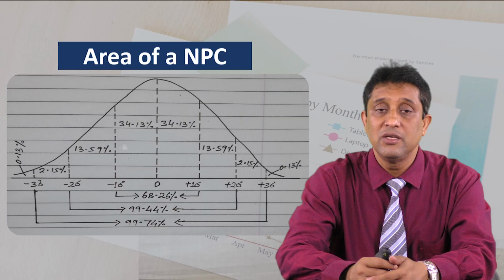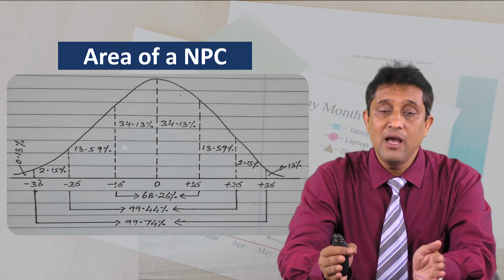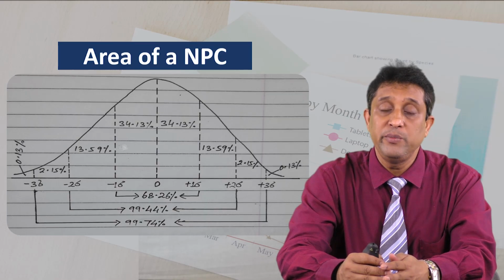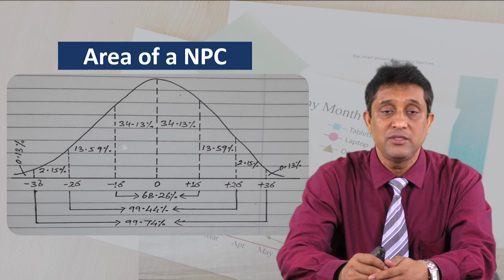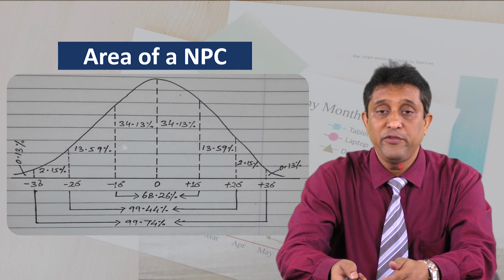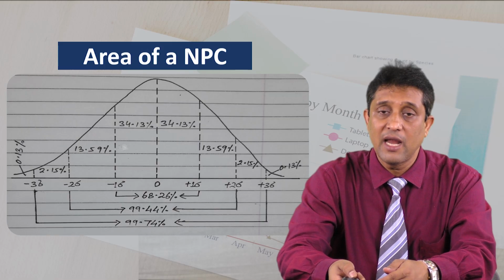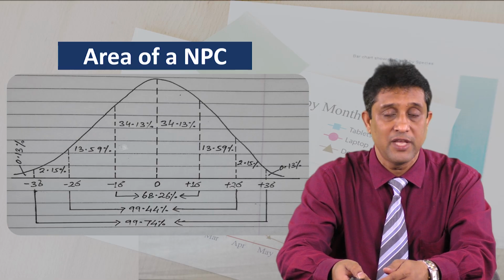The entire area of this curve lies between +3 standard distance and -3 standard distance. From 0 to +3 standard distance is the right side or the positive side, and from 0 to -3 it is the negative side.